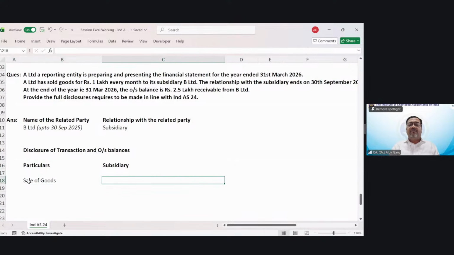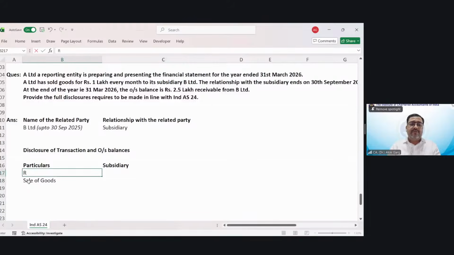What amount will I show here in the table? Here I am showing transactions, and here I will show the outstanding balances.